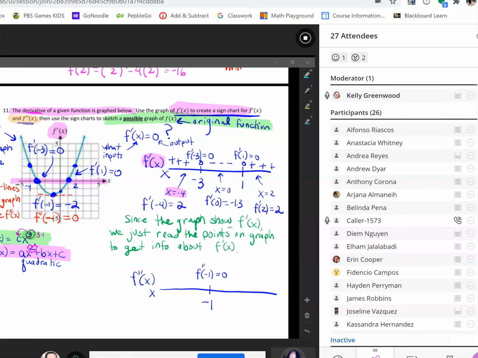We read the tangent lines of the graph to find f double prime, right? Because the derivative of the graph is the second derivative. So we read the tangent lines on the graph to get info about the second derivative.